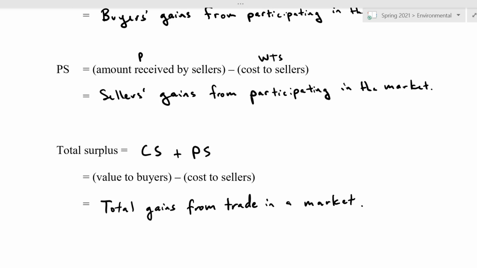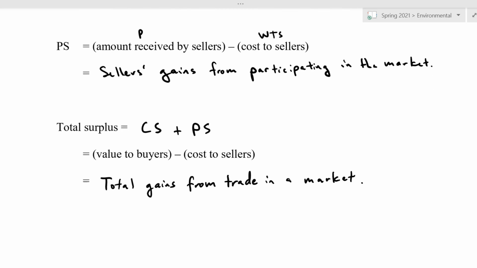So ultimately, consumer surplus plus producer surplus is value to buyers minus the cost to the sellers. And it is ultimately the total gains from trade in a market. How well off are the consumers? How well off are the producers?